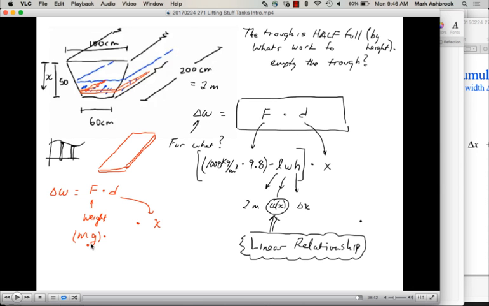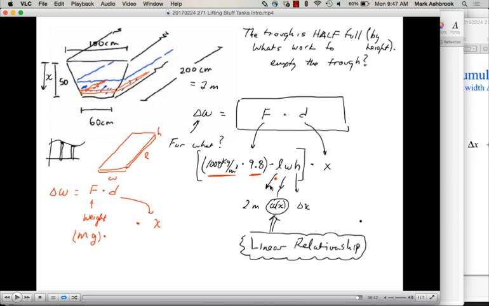So this will be weight density. So the mass density of water times g gives the weight density in newtons per meters cubed, and we need newtons. So we need to multiply by the volume of that layer, and the volume is just going to be width times length times height.